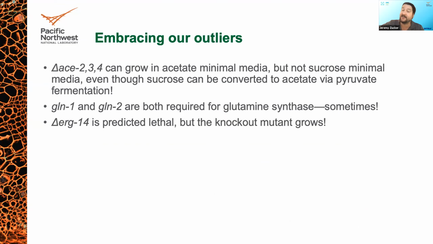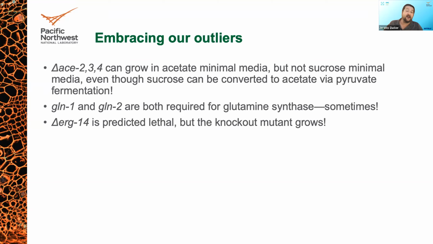Conversely, ACE2, ACE3, and ACE4 mutants cannot grow in sucrose minimal media, even though sucrose can be converted to acetate via pyruvate fermentation, because the glyoxysomal enzymes are not expressed in this condition. Because the acetate-dependent induction of the glyoxysome is not included in our model, we could not successfully predict both inviability under sucrose minimal media conditions and viability under acetate minimal media conditions.